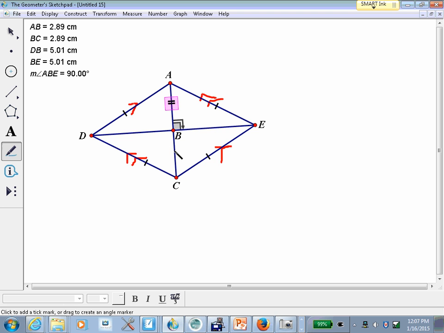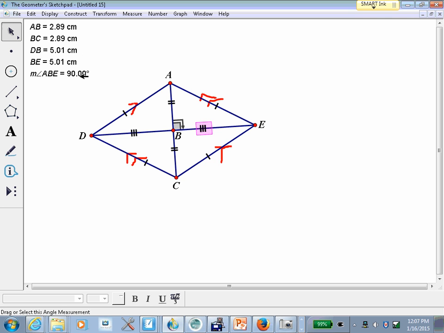So line segment AB is congruent to line segment BC, and then line segment DB is congruent to line segment BE. And then I have these four right angles all having the vertex of B. One other thing happens with the diagonals, with the four angles of the rhombus.